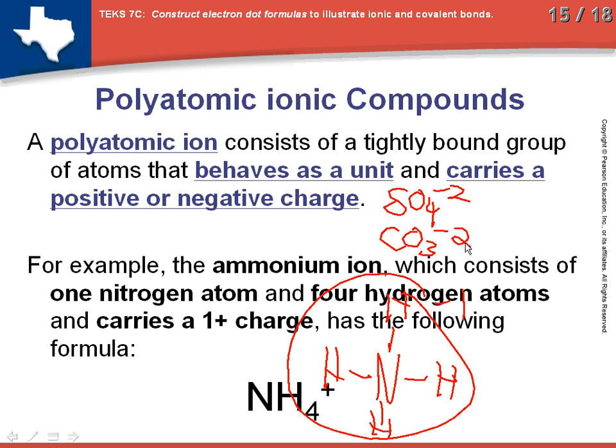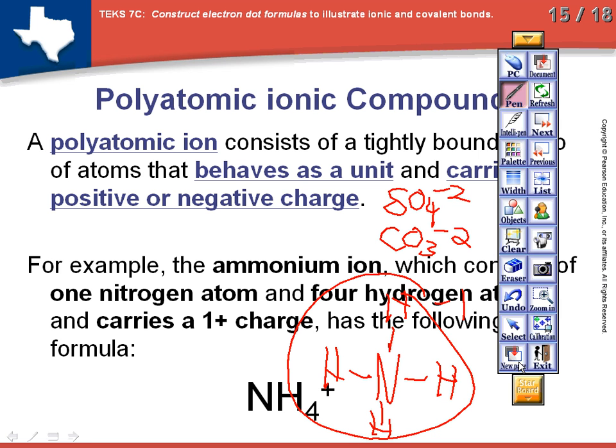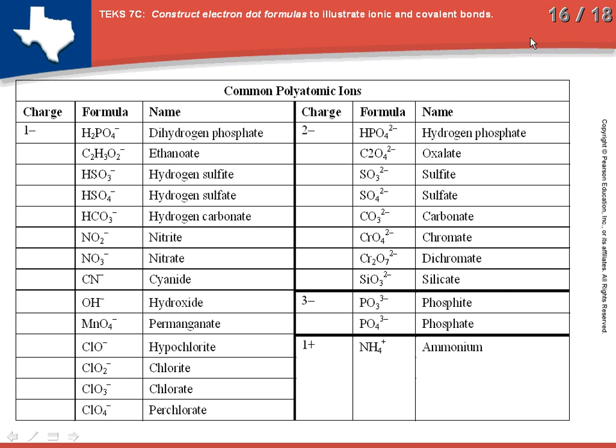You'll find a whole list of these on the back of your STAAR materials. There's another simpler list. Notice there's more than one type, and there's more than one charge. Charges range from +1, notice the only +1 is ammonium, to -1, -2, or -3. Also, you need to pay attention to this. Look at nitrate and nitrite.